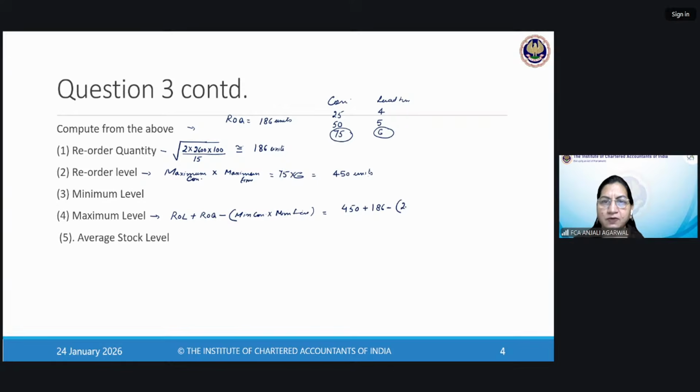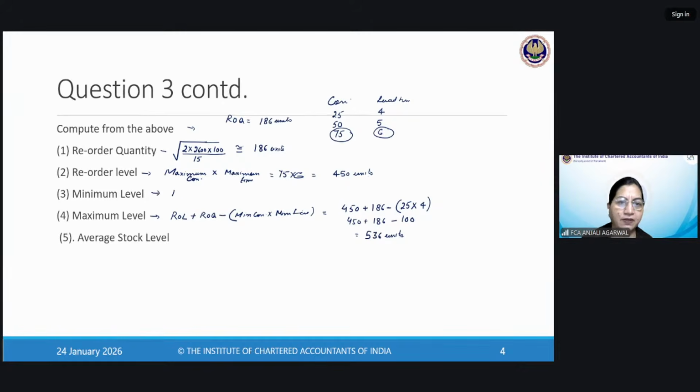But in this period, you would have consumed a minimum of 25 units every week for 4 weeks. So it is 450 plus 186 minus 100. 536 units is the maximum level.